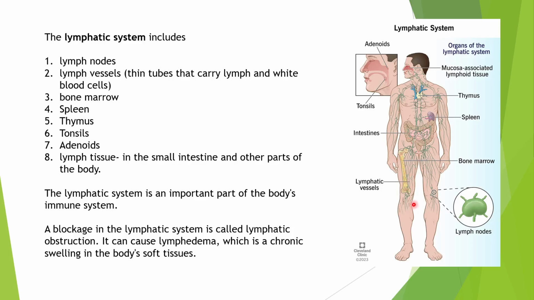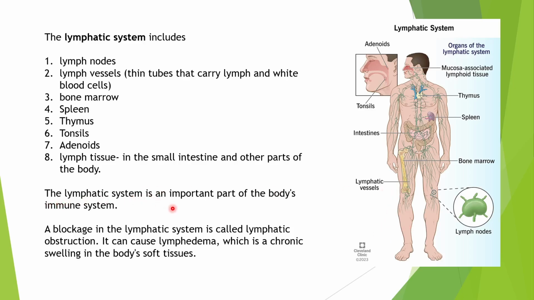Your bone marrow also comes under your lymphatic system, and your lymphatic vessels, which carry your lymph, all diverge at your lymph nodes. These are the major parts of the lymphatic system that we have to keep in mind.